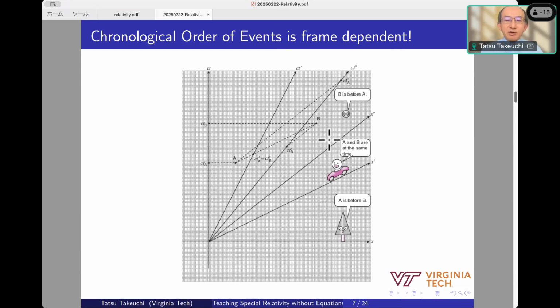Okay, so if you have two events whose chronological order can depend on which frame is being used to do the observation, a natural question that would come up is, won't that contradict causality?